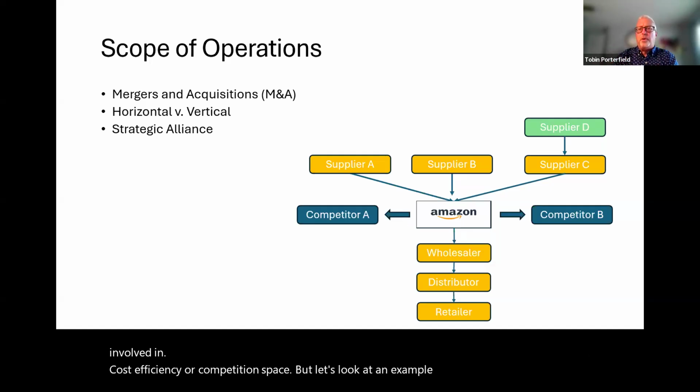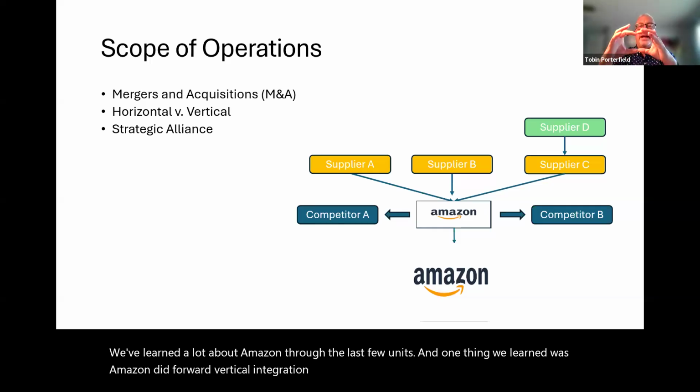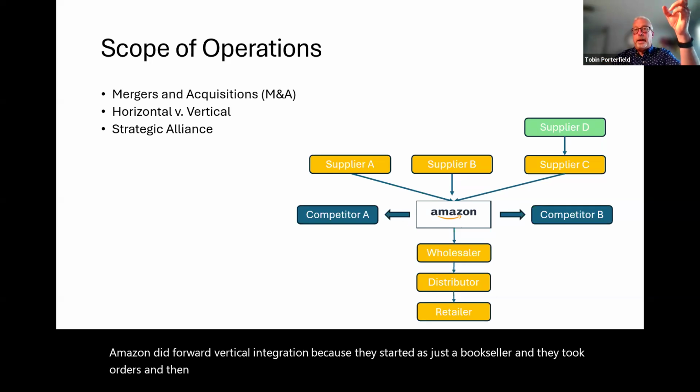Amazon as our focal firm. We've learned a lot about Amazon through the last few units. And one thing we learned was Amazon did forward vertical integration because they started as just a bookseller, and they took orders, and then they passed orders back to the printers and the publishers and so forth of these books.